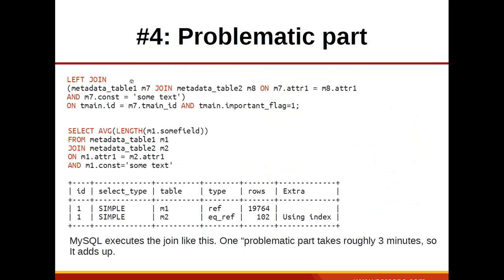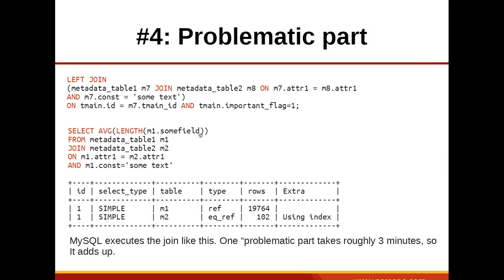To identify the problematic part of the query, let's examine a block like this. So we are joining only two metadata tables, and we are selecting the average. If you want to make sure that you are selecting a lot of data from the table, but you don't want huge output, you can select the average length of some field.